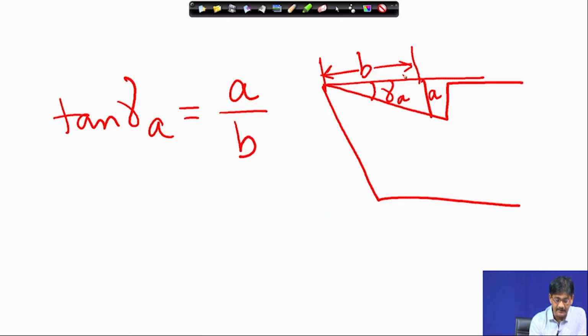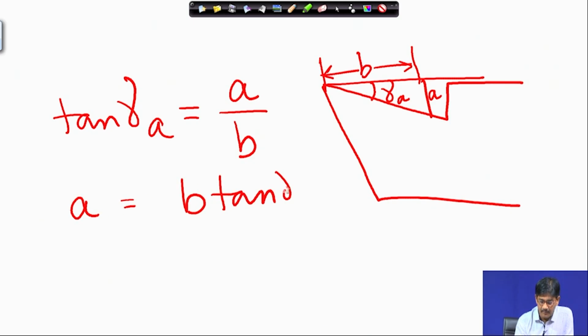This means that I can express E as B tan gamma E. This is the relation that we will be using extensively in our calculations.